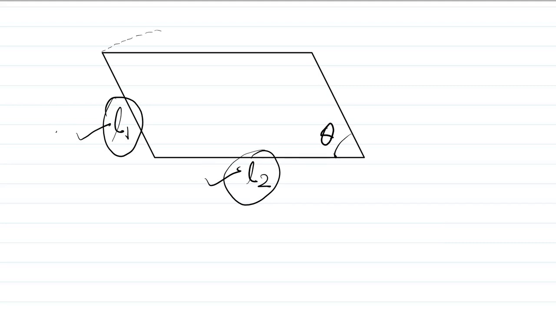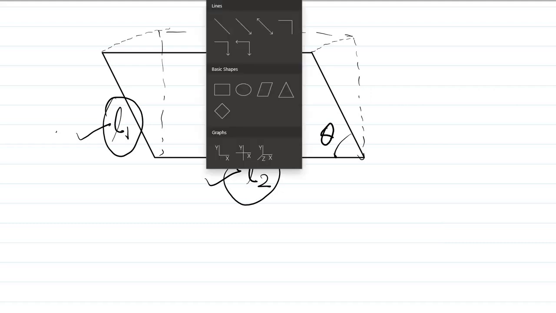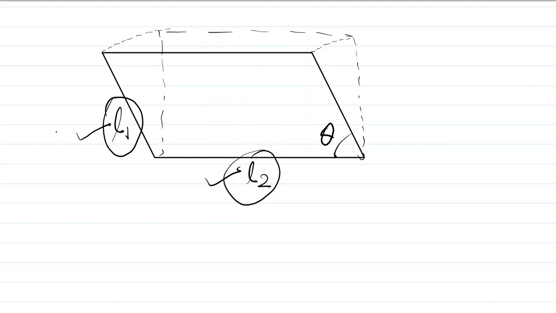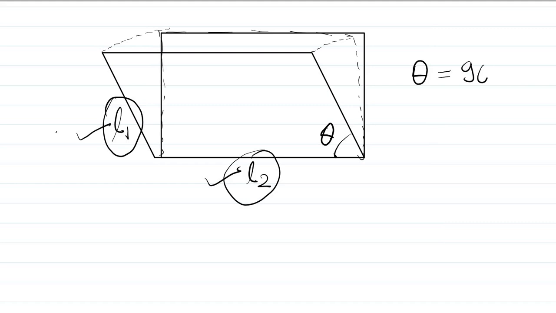Now we can easily observe that if theta is varied, the parallelogram will turn into a rectangle to give maximum area, as can be easily seen from the geometry. So this particular rectangle is going to give us the maximum area, and for that rectangle theta must become 90 degrees.